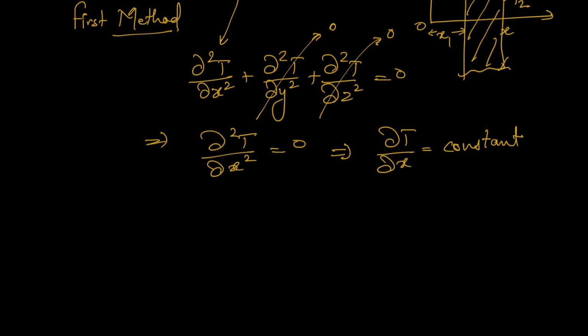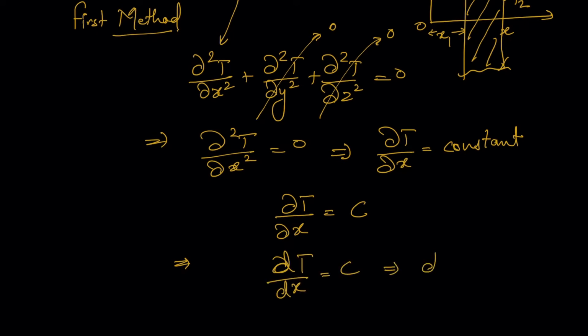Suppose that constant is c. Del T by del x is c. Again, if you integrate: since y and z are constant, you can take del as d, so dT by dx equals c.